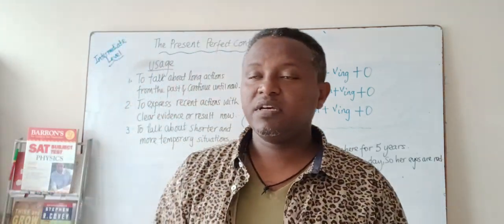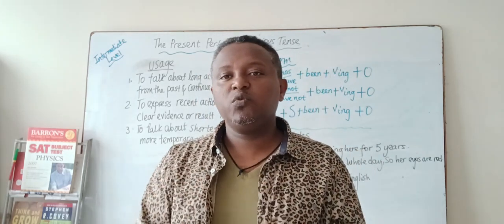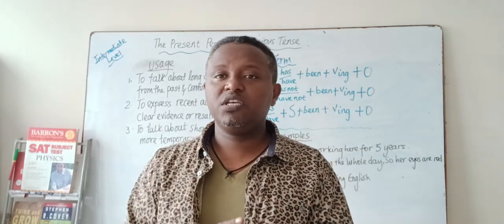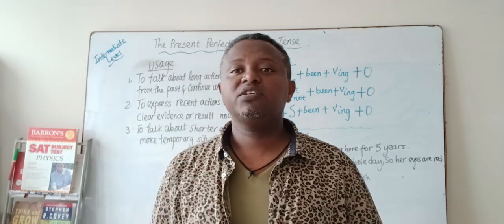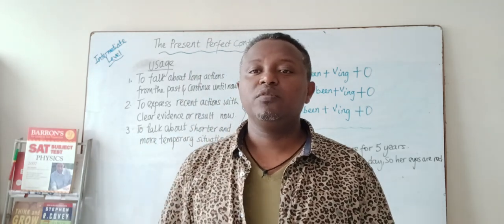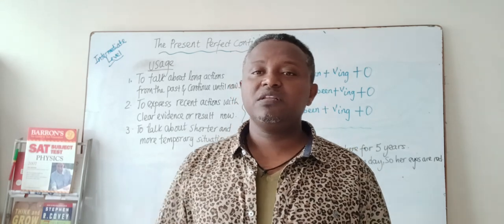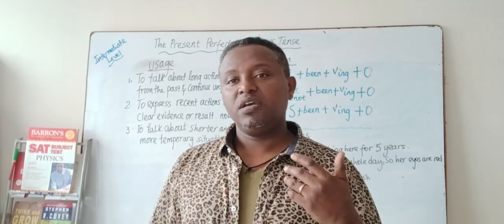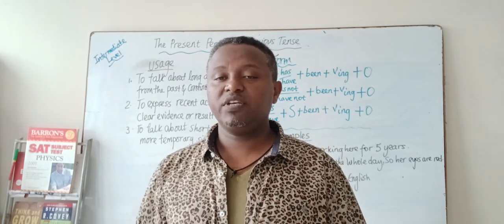It has been a little bit confusing, and also has some similarity with the present perfect tense. Because of that, we got confused. So what is the present perfect continuous, what is the structure, and what are some of the examples we'll see next.